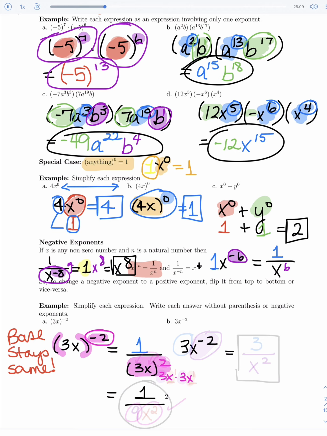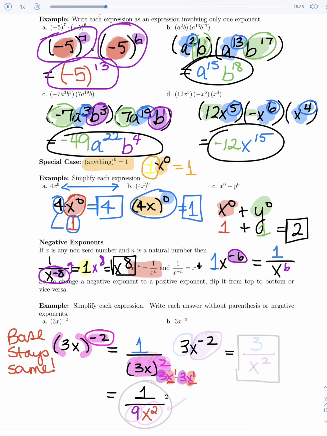Well, if we do our 3x times 3x, we did 3 times 3 first, which is the 9. And we've already done this too: x times x. Remember when you're multiplying x's, you're counting them up. So we've got 1 x here and 1 x here, and an x plus another x means we've got a total of 2 x's.